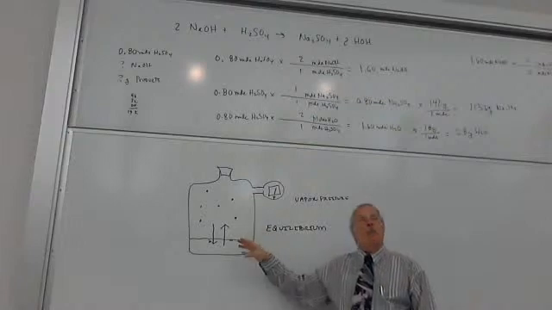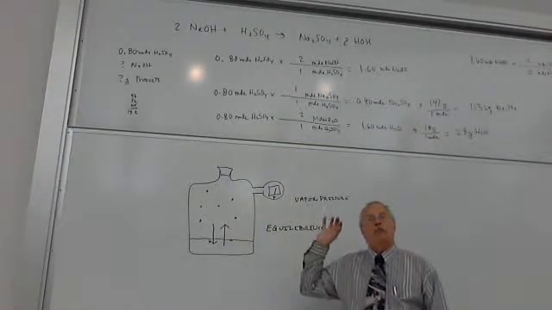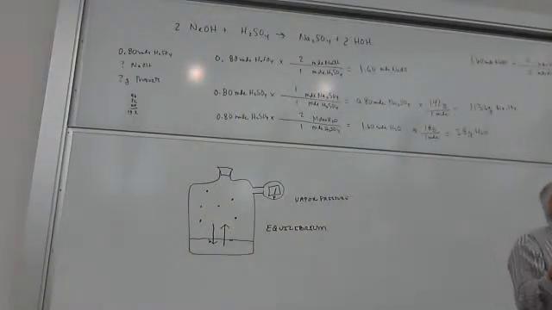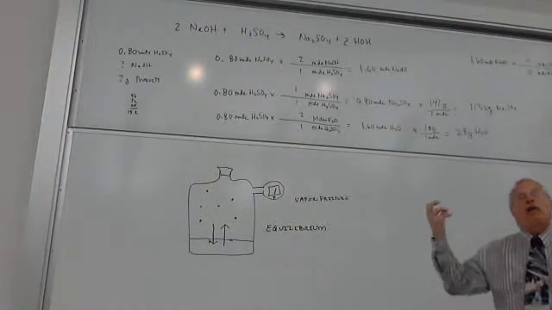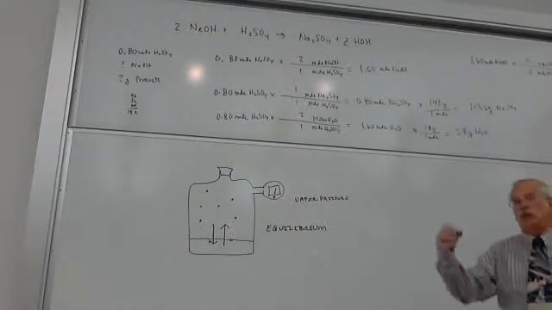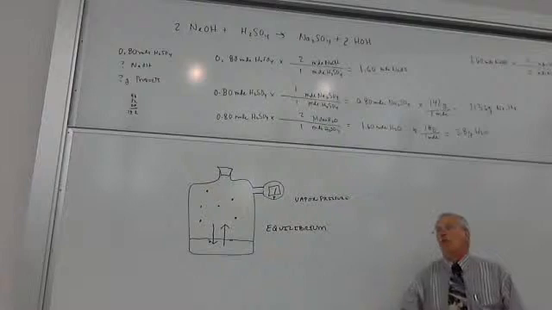Will they have different intermolecular attractive forces? Yes. So will their vapor pressures be different? Yes. So something that has very weak intermolecular attractive forces is going to have a very high vapor pressure, and vice versa. If something has strong intermolecular attractive forces, it has a relatively low vapor pressure.